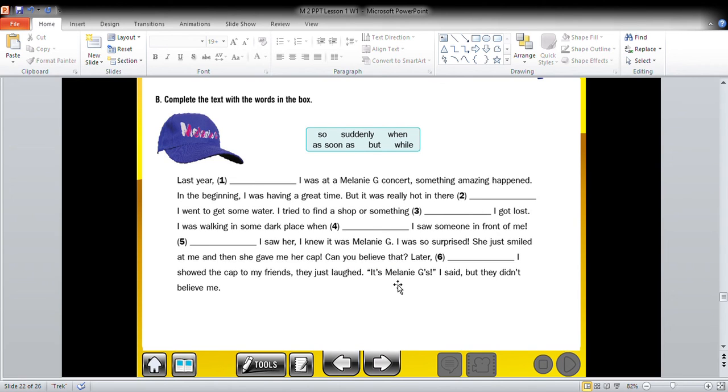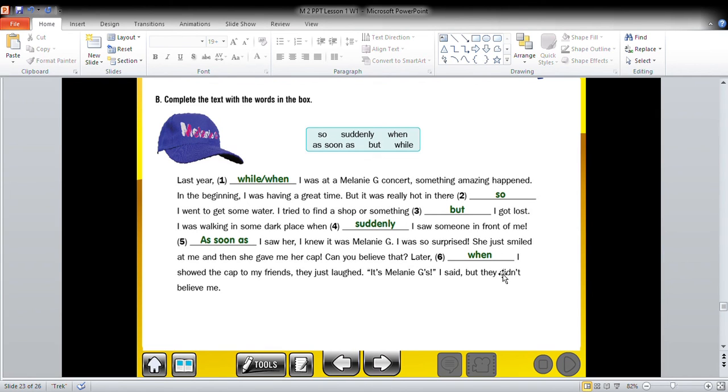Next, letter B. Complete the text with the words in the box. So we have here the words, and we are going to use these from number 1 to number 6. And the answer is while, when, so, but, suddenly, as soon as, and when.